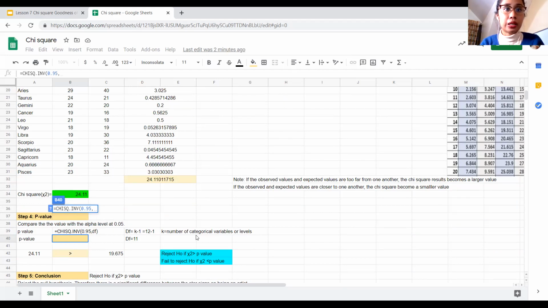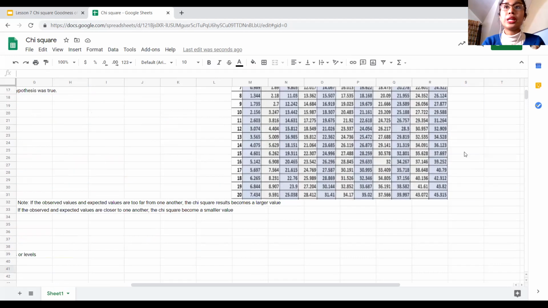K is the number of categorical variables or levels. So, simply 0.95, then comma, then degrees of freedom, which is 11. So, our critical value is 19.675.